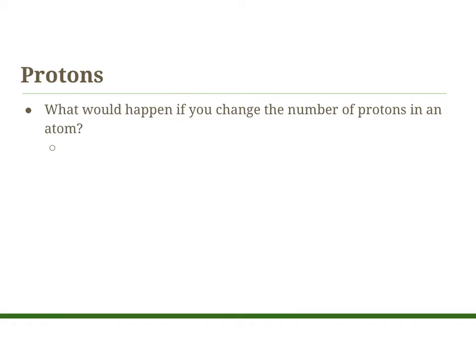So let's specifically talk about the number of protons. What would happen if you change the number of protons in an atom? Well, if you take a look on the periodic table, which atom has 6 protons?